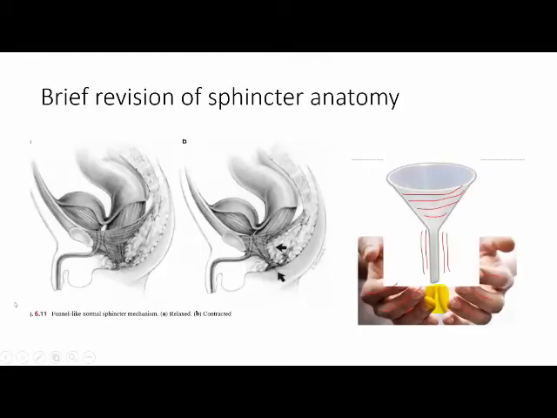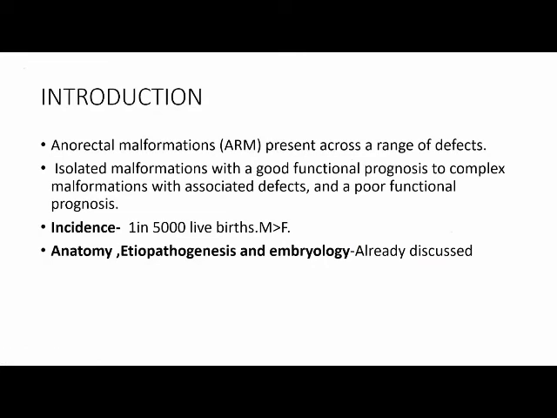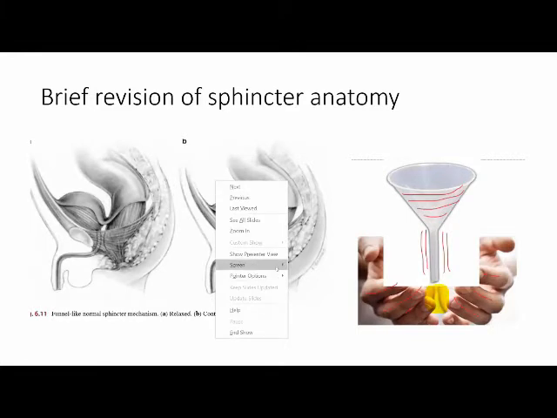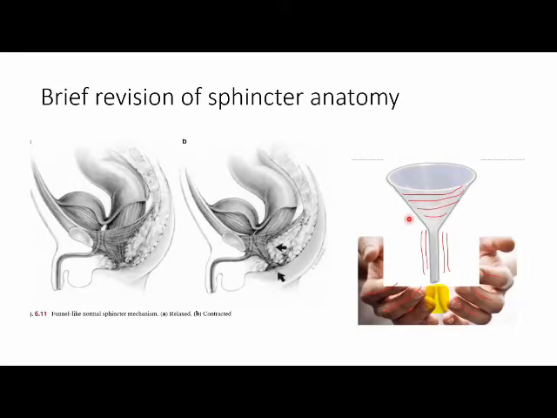The anatomy, etiopathogenesis, and embryology were previously discussed, but we'll just have a brief revision of the sphincter anatomy before proceeding with different types of ARM. So we know that the sphincter muscle complex, or the three essential muscles associated with sphincter control, can be simply defined with the help of this picture on the right side, which shows a funnel shaped structure, because the pelvic anatomy, especially that of the levator ani, forms a funnel shaped muscle structure.